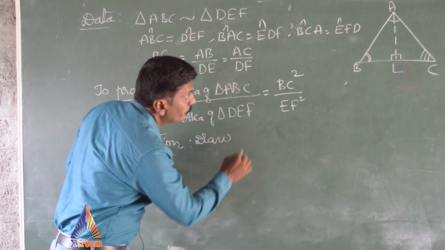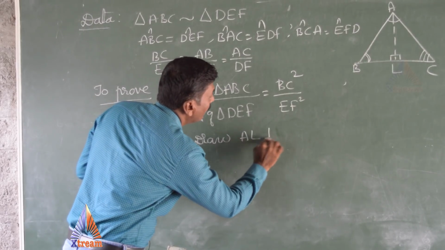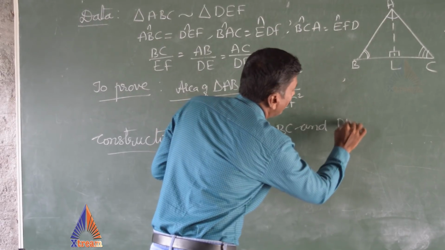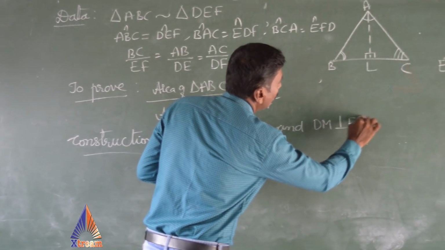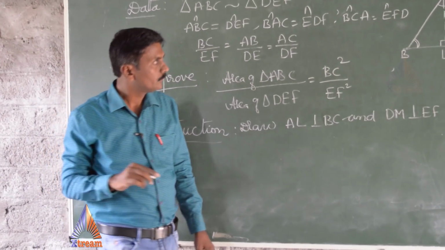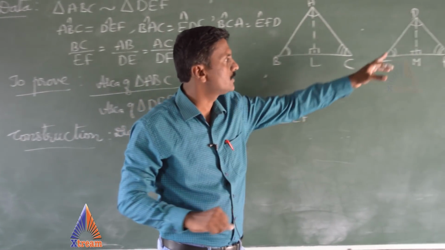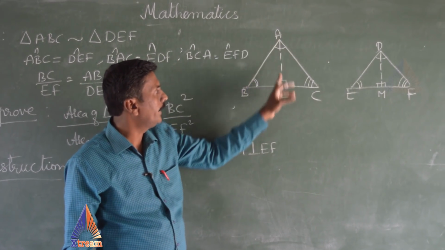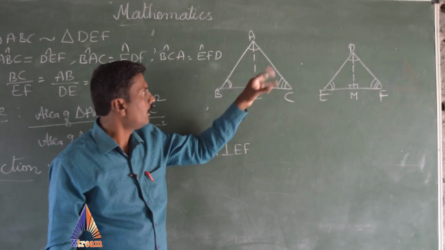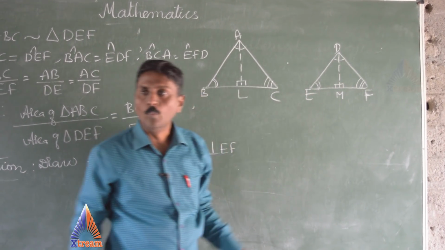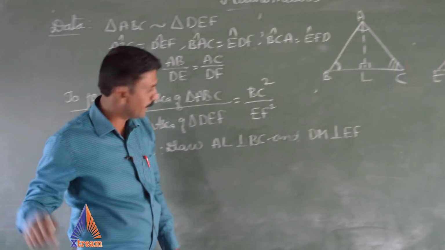Draw AL perpendicular to BC and DM perpendicular to EF. Now, when we draw two perpendiculars, you see formation of triangle ABL, or we can call it ALB and DME, which are right angle triangles.